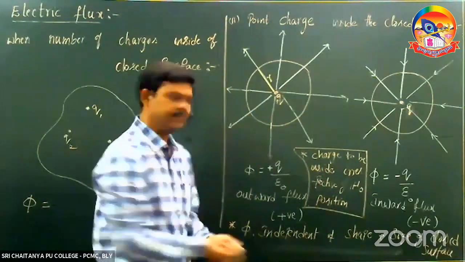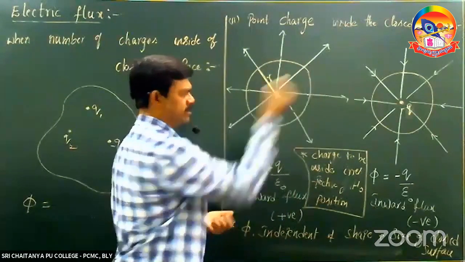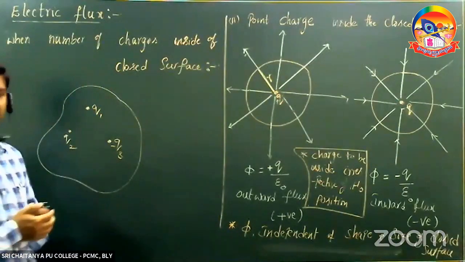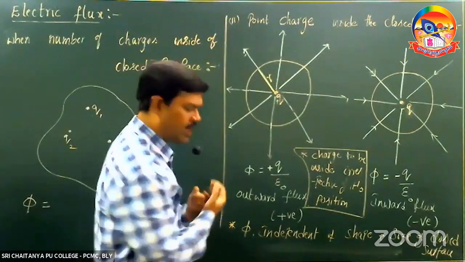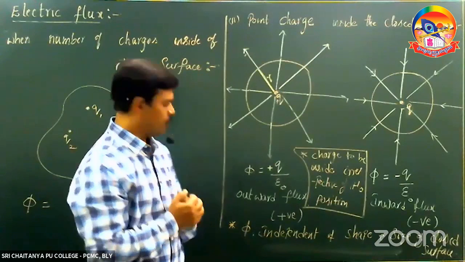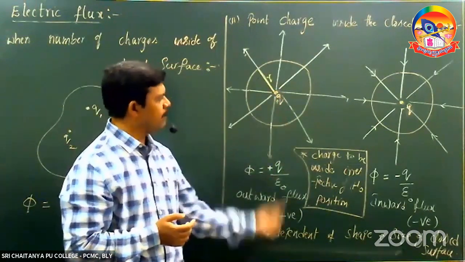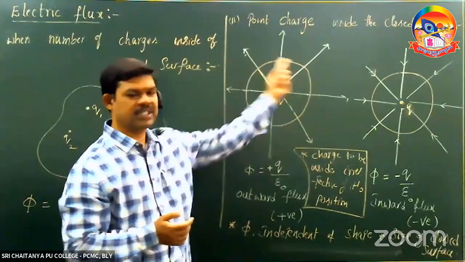Doesn't matter. The charge can be present anywhere inside it, right? These 2 points are very important whenever you are talking about flux. What is the first point? This flux is independent of the shape of the closed surface.